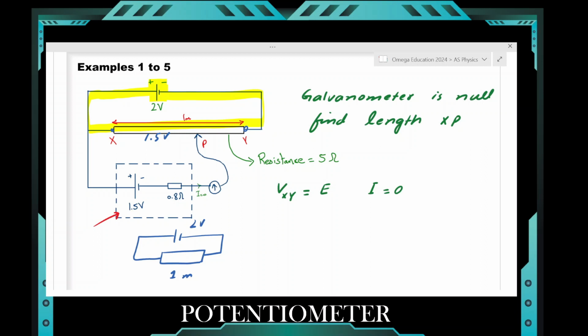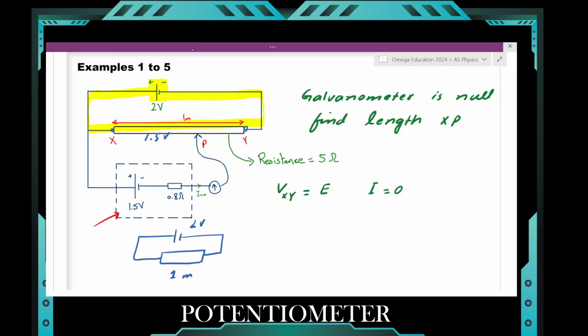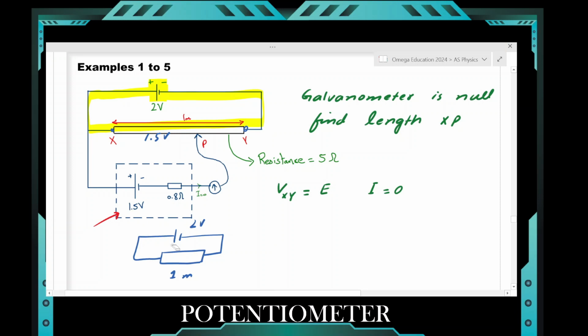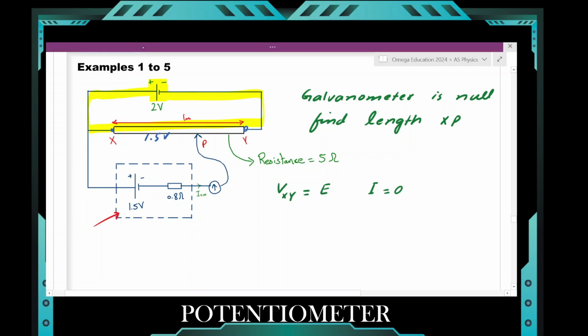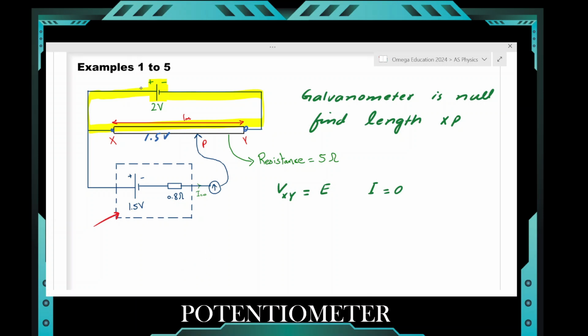What you need to find is the length for which the voltage would be 1.5 volts. So for 2 volts, the length is 1 meter. And for what length would the voltage be 1.5? What do we do? Cross multiply. So you write voltage over here, and length over here. Voltage on one side, length on the other side.